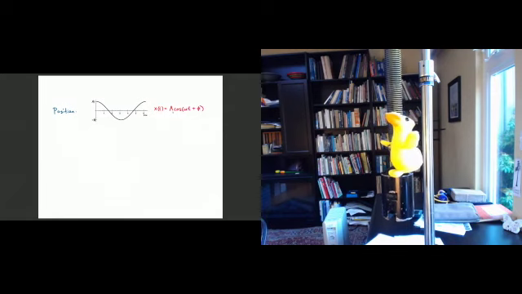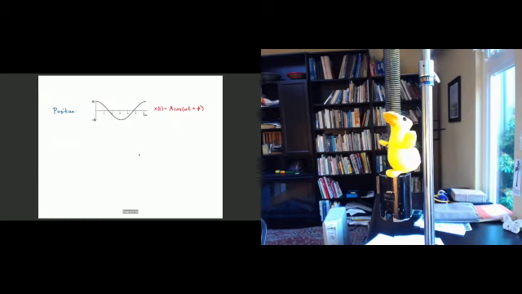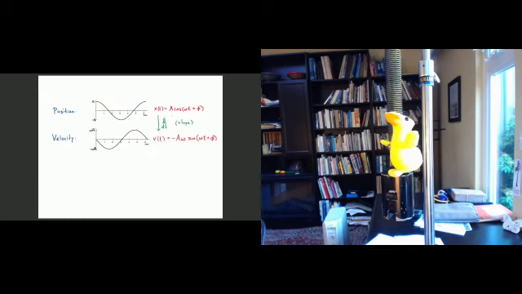So starting with position x of t equals A cos(omega t plus phi), if we wanted to check that that function of time satisfies these equations, we first compute the velocity by taking a derivative of this function.